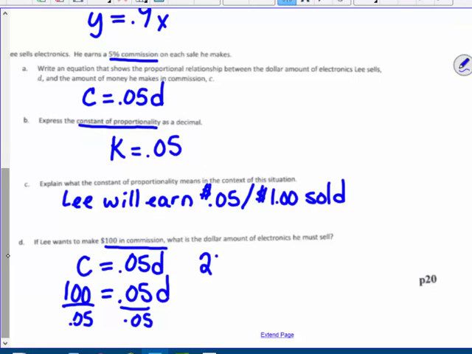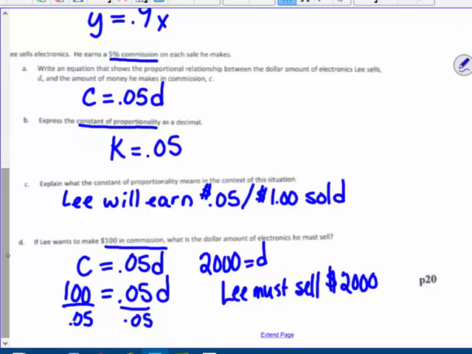that he should have to sell $2,000, would be his dollars that he would have to sell. That would be the D. What is the dollar amount of electronics he must sell? Lee must sell $2,000. 5% of 2,000 gives you that 100.